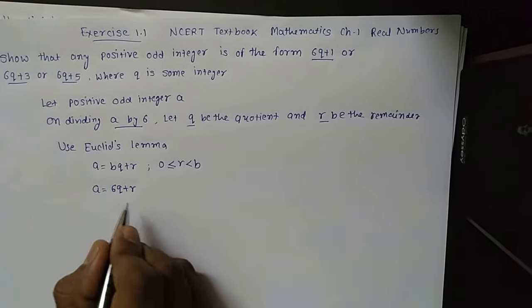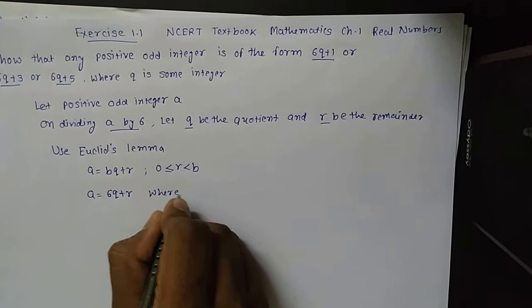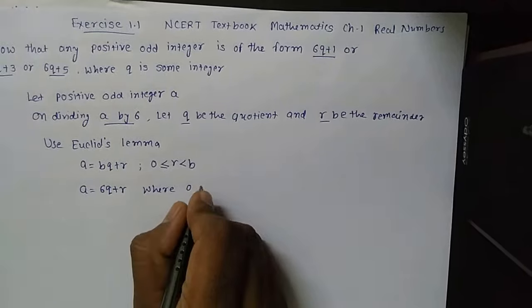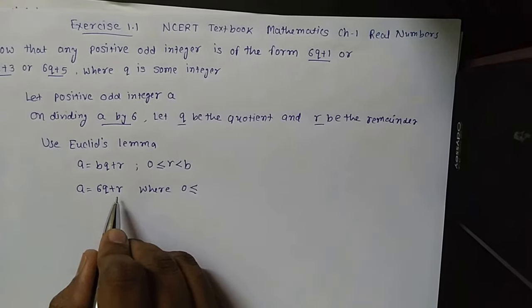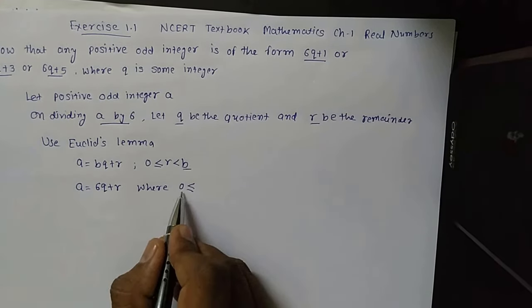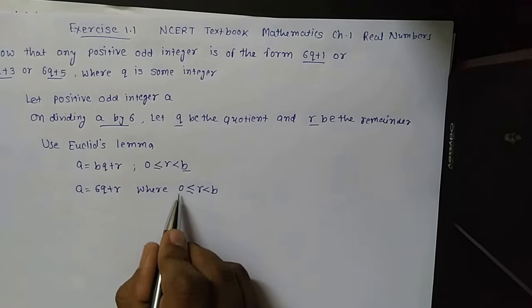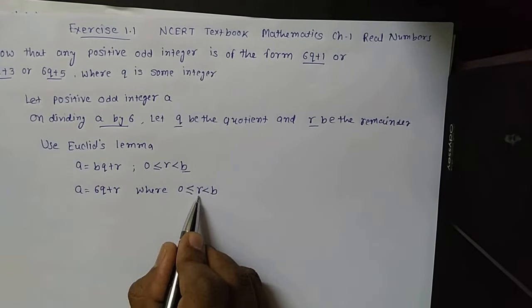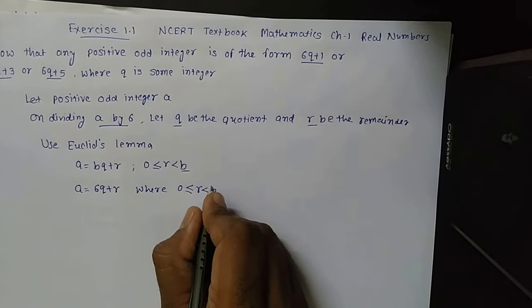So a is equal to 6q plus r, where 0 is less than or equal to r. Here we have taken b as 6, so the value of r must be less than b. 0 is less than or equal to r is less than b, and b is 6, so r is less than 6.